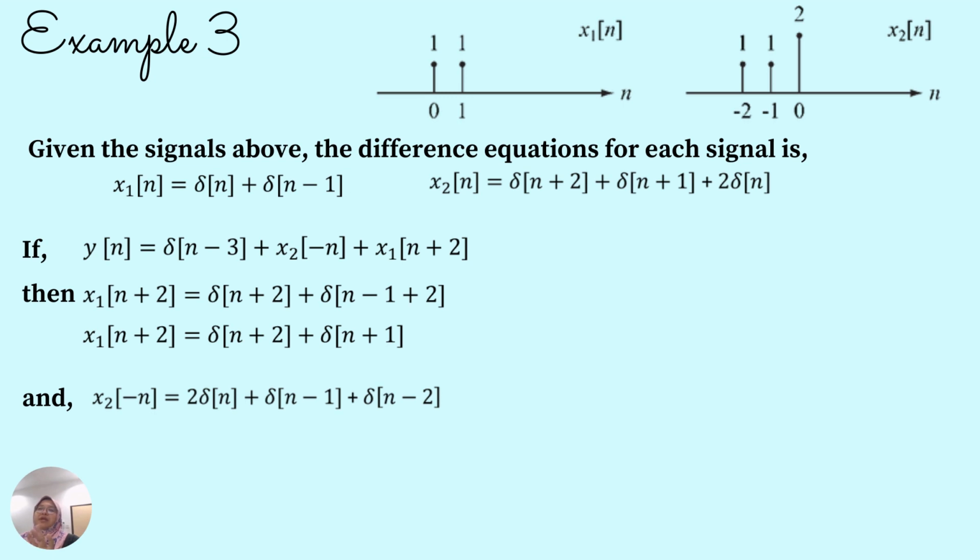Ambil x1n yang asal dan plus 2 semua n tu. And then you simplifykan dalam tu, you have x1n plus 2 bersamaan dengan delta n plus 2 plus delta n plus 1. Then you tengok x2 minus n.